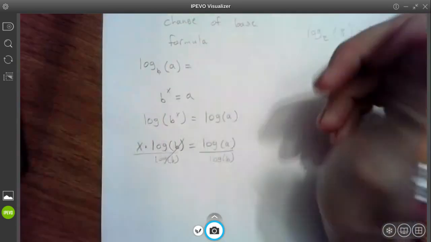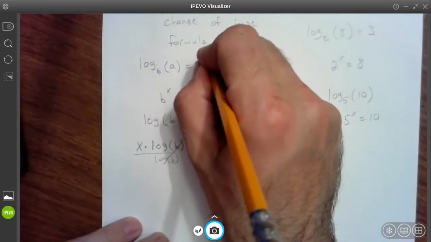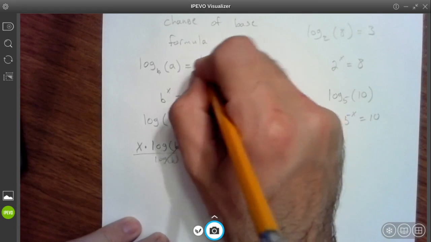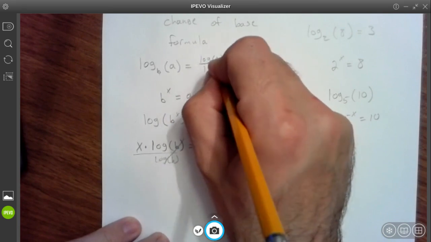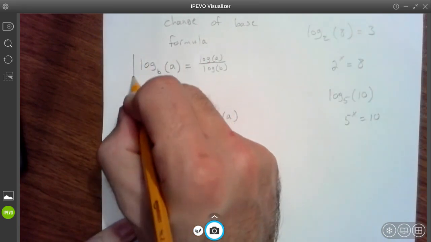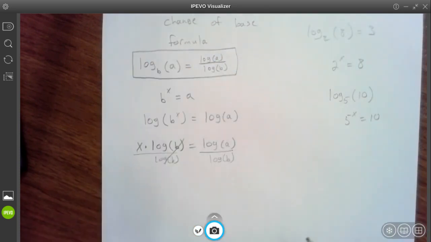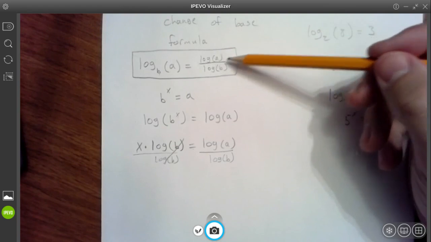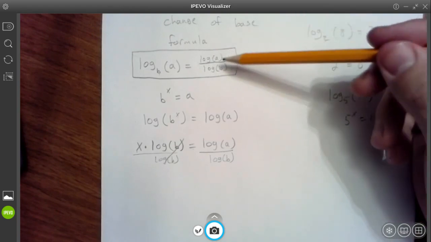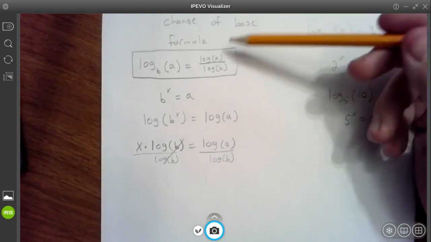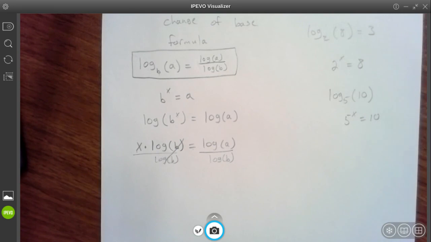Okay, x equals log a divided by the log of b. And this will be the case no matter what base you're playing with. So I could do this in log base 10, or I could do it log base e, any base, it doesn't really matter.